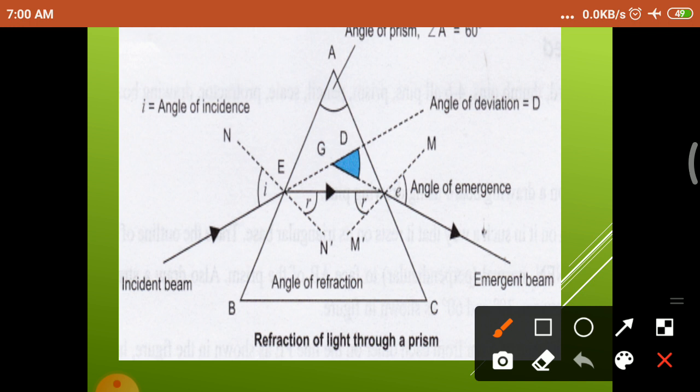Another one is the refracted ray. This is a normal. The angle between the refracted ray and the normal line is the angle of refraction. The next one, emergent ray. This is a normal. The angle between the emergent ray and the normal line is called the angle of emergence.